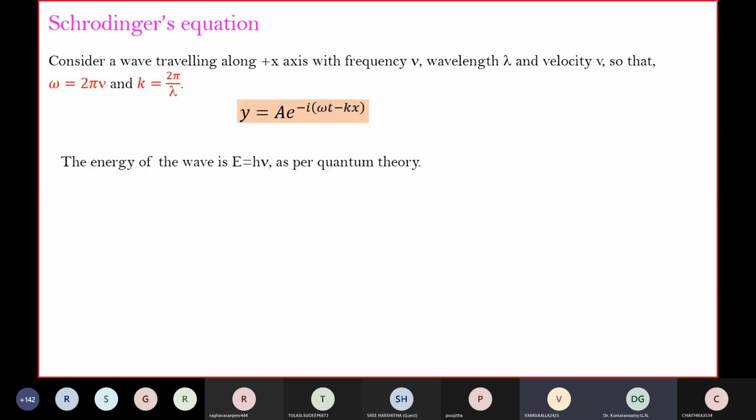Now, we know from the quantum theory, when we bring in the concept of the photon, that the energy of the wave is given by E is equal to h nu.